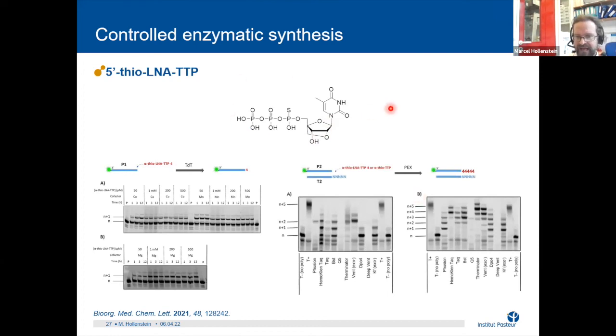We also showed that this nucleotide can be used for the synthesis of modified nucleic acids containing these dual modification patterns using standard primer extension reactions.